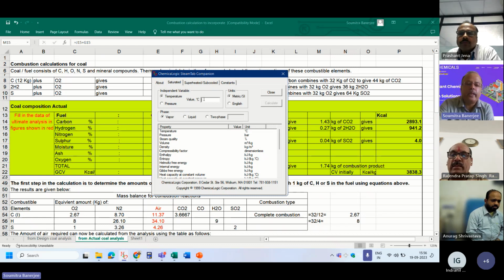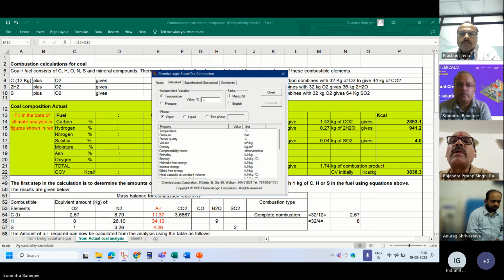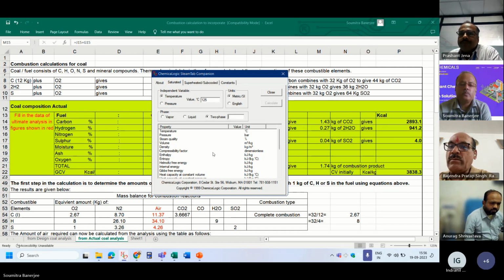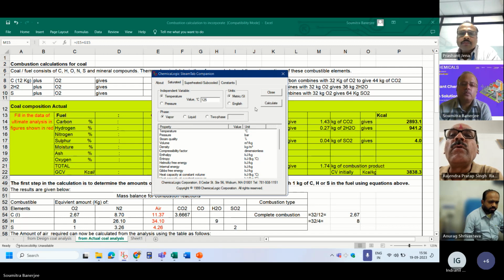Now we'll get the enthalpy here. What is the temperature you are maintaining at your exit flue gas? Take it as 125. Okay, and it's two phase. Two phase means... vapor, sorry, it's vapor only.